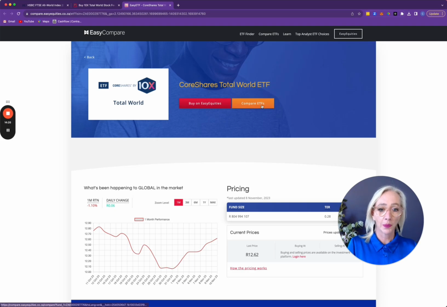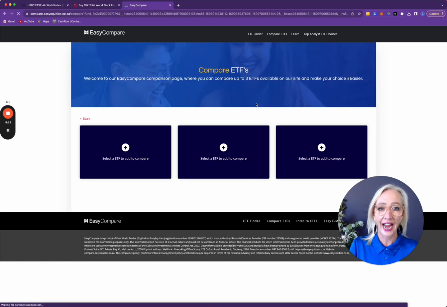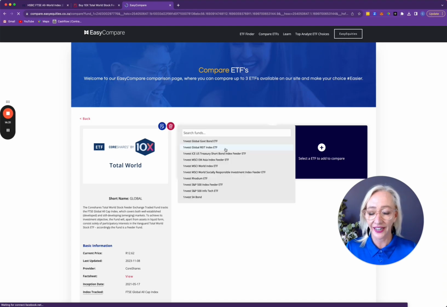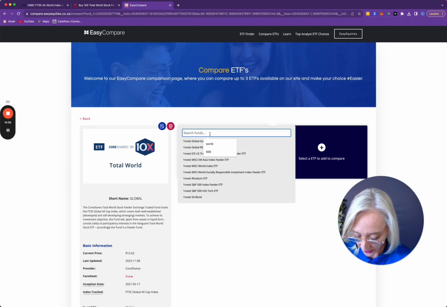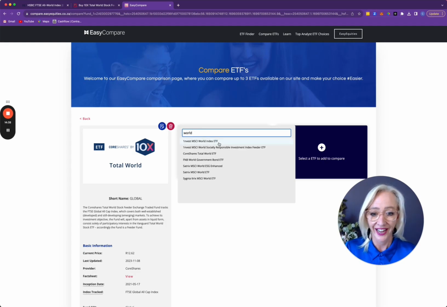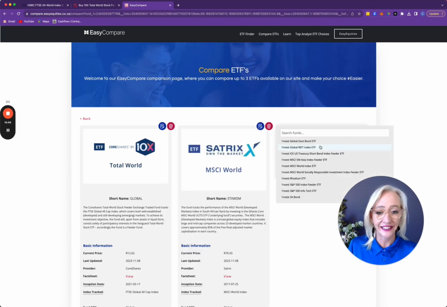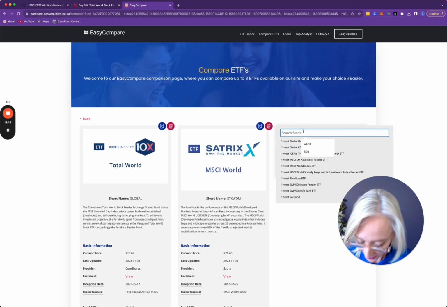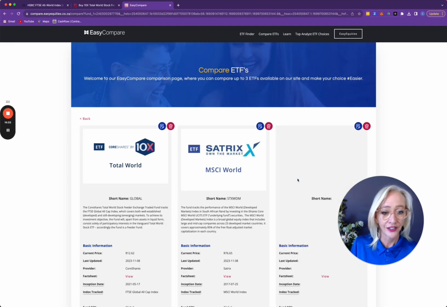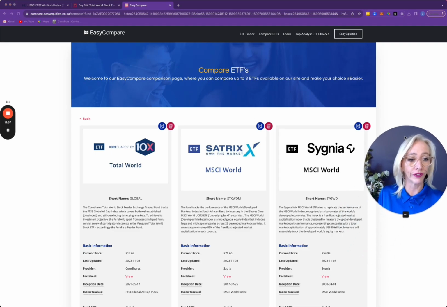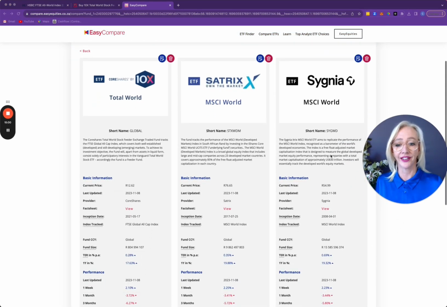When you come to this compare platform, it's quite cool because you can add in other world ones to compare, and you just type in world. I see I chose the Satrix, but there's also a Signia world, for example. So there we go. We have 3 world funds, and now we can start comparing the difference.